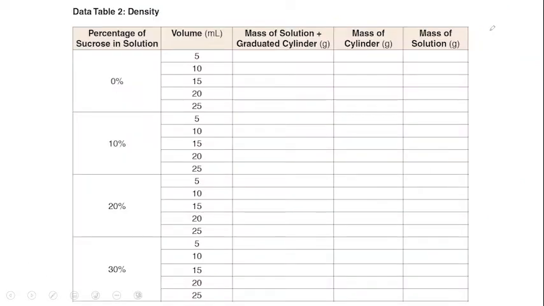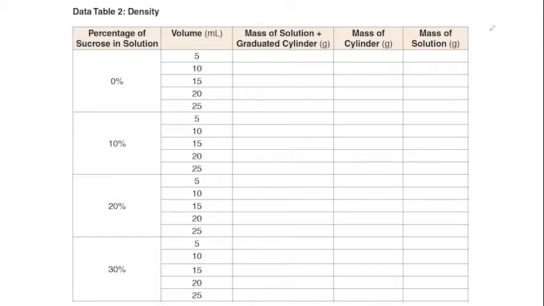So here's the data table to fill out. You're going to measure the mass of the graduated cylinder. I hope everyone knows what a graduated cylinder is; look around in your box.